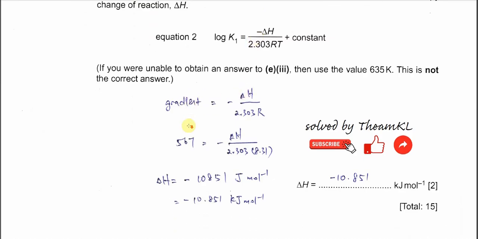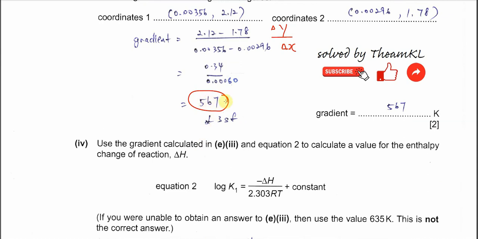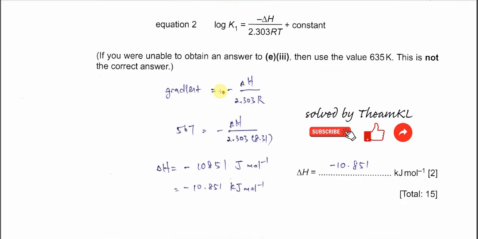The gradient, as I already told you, is equal to negative delta H over 2.303 R. And again, the gradient is 567 from my calculation. So it is equal to this one now. Eventually we will get delta H is negative 10851 joule per mole.